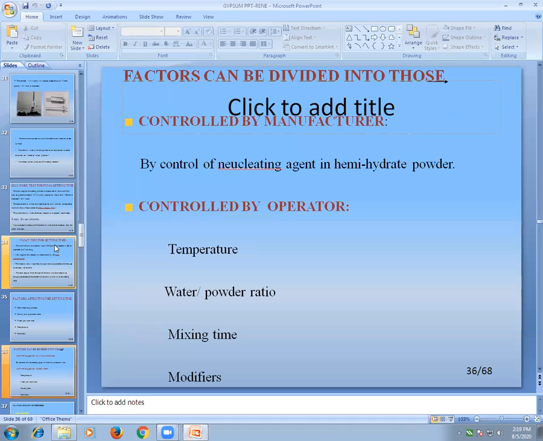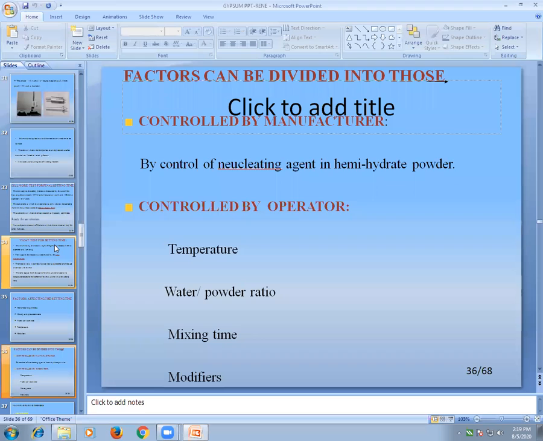The manufacturing process is not in our hands, as the manufacturers have the right to decide how much hemihydrate and how much dihydrate should be there.